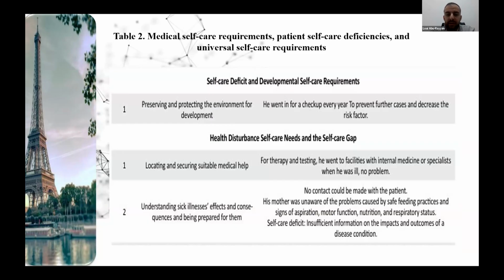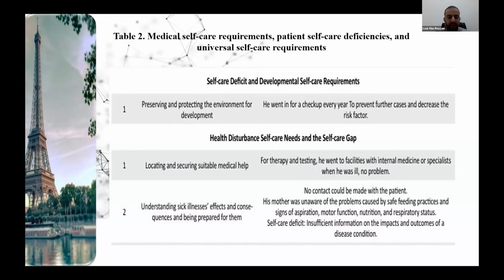For the health disturbances, self-care needs, and the self-care gap, locating and securing stable medical help. For therapy and testing, he went to the facilities or hospital with internal medicine or a specialist when he was ill, and no problem for that.